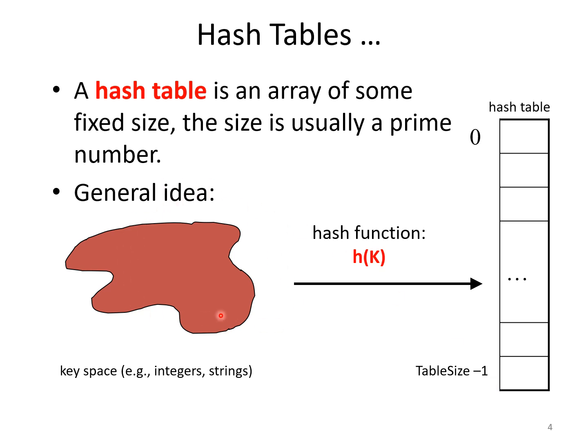The key space may be anything, it may be integer or it may be a string. That is the key value which we have taken for computing the location. That key value will be given to the hash function. That hash function gives the location for storing that key value.